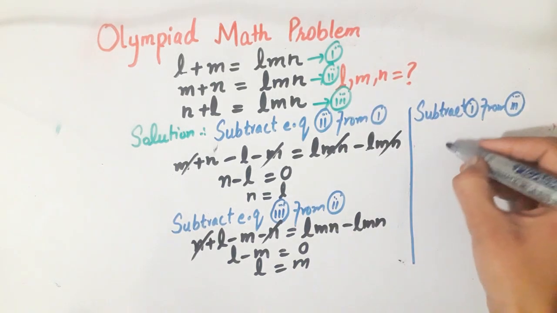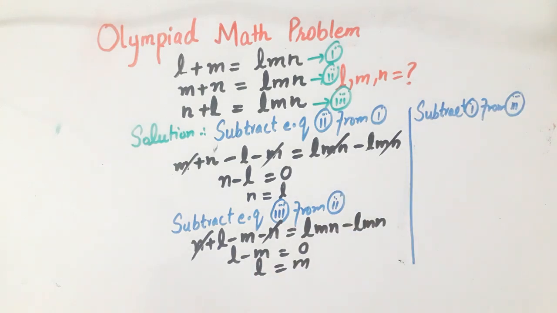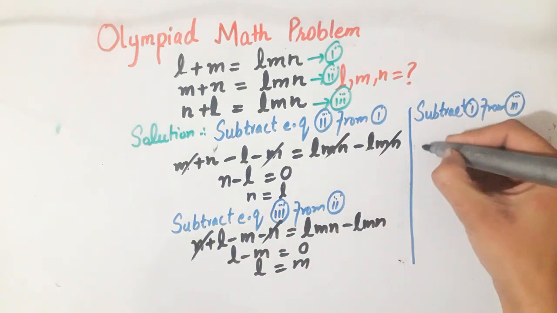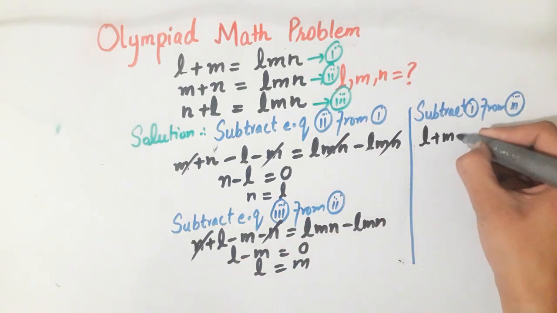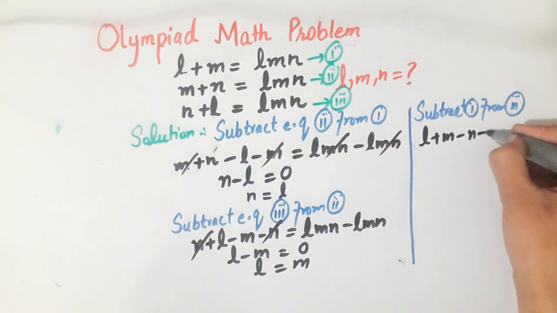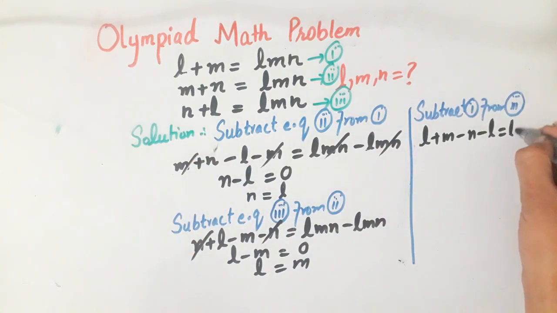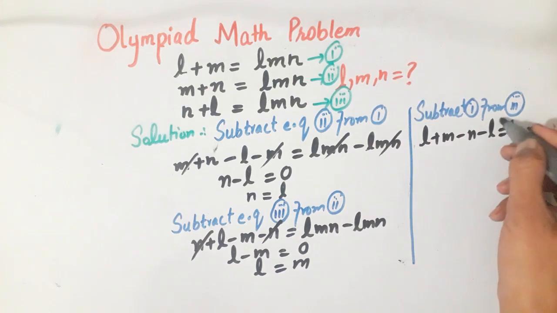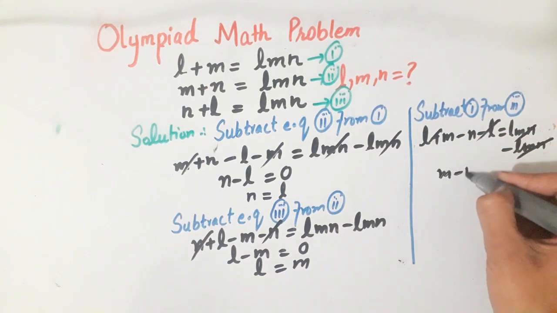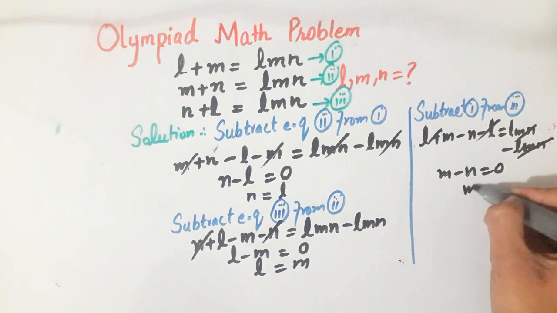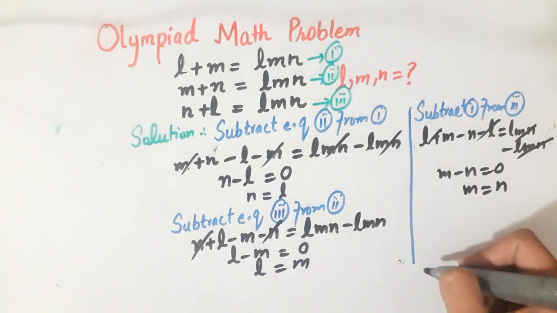That means write the equation 1, that is L plus M minus N minus L equals LMN minus LMN. So L and L are cancelled out. So M minus N equals 0. That implies M equal N.